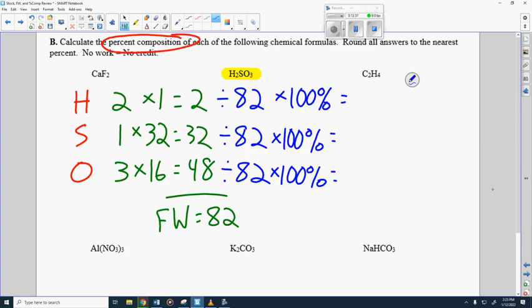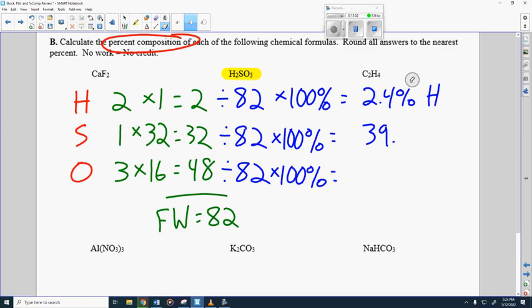2 divided by 82 comes out to be 0.024. And when I multiply that by 100%, it tells me I have 2.4% hydrogen. Okay. 32 divided by 82 comes out to be 0.39. And when I multiply that by my 100, I get 39%. And call it 39.0, I guess, just to be consistent here. You can just do 1 decimal on these.